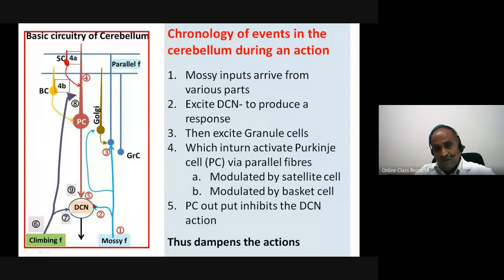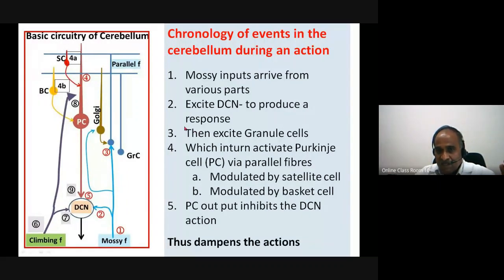And at the same time it will reach the granule cells. When these granule cells are activated, they would reach the Purkinje cell dendritic arborization and excite the dendrites of the Purkinje cell. In turn, they will activate the Purkinje cell, and that would have an output to the DCN.